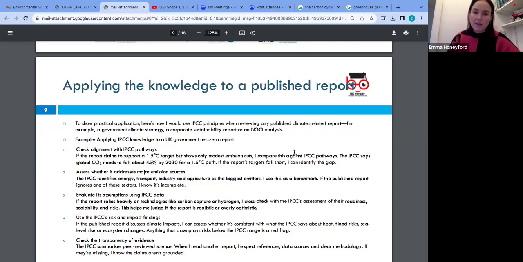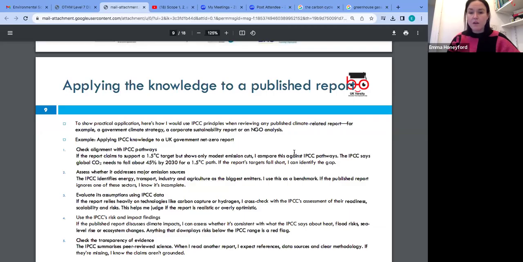So you would check the alignment with the IPCC pathways. If the report claims to support a 1.5 degrees target, but only shows modest emission cuts, I compare this against IPCC pathways. The IPCC says the global CO2 needs to fall by around 45% by 2030 to be aligned to the 1.5 degrees path.